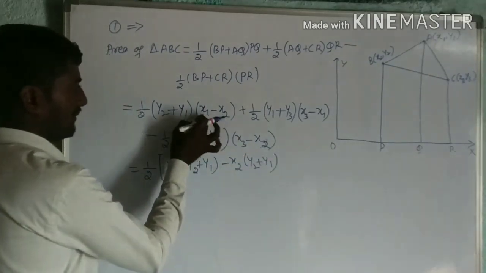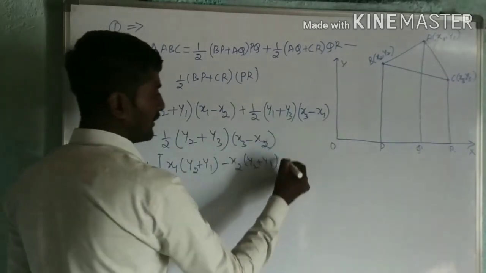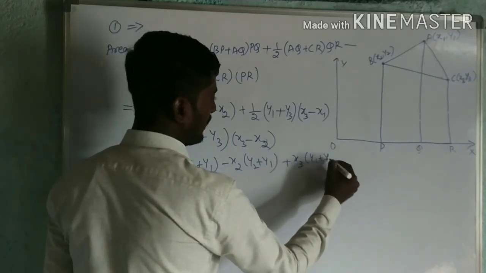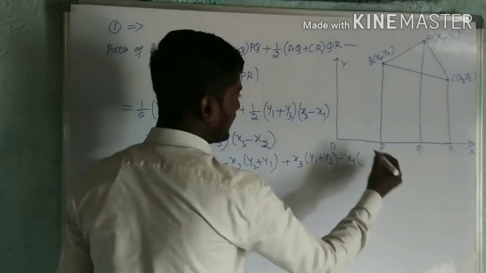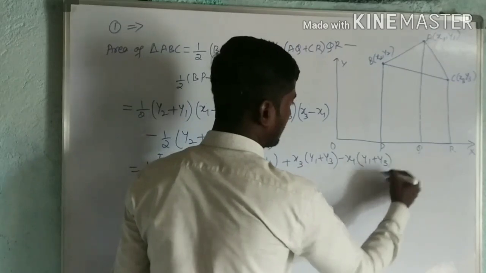I multiply first x1, then after x2. Then 1 by 2 taken outside. Now plus x3 into y1 plus y3, minus x1 into y1 plus y3.